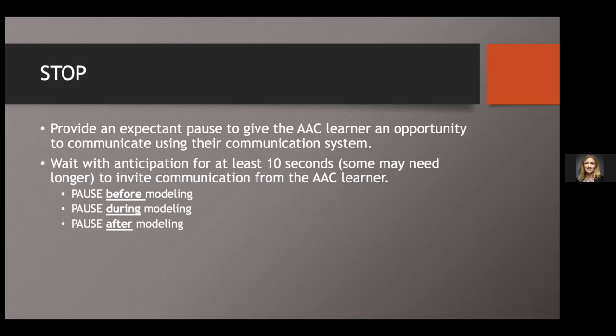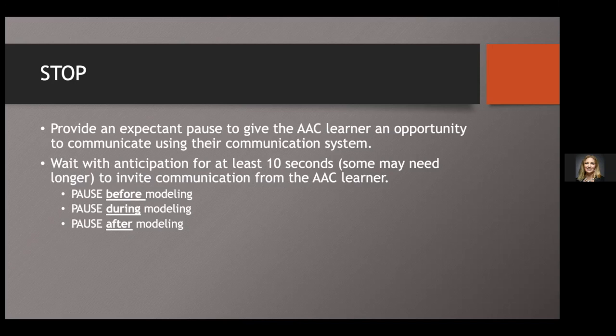But for them, just to motor plan to point to one or two icons, they need processing time. Because they need to process the verbal instruction, and then figure out how to move their arm and index finger so they can point, I like cookies. And for them, they need those 10 seconds or more to do that. So that's really, really important.